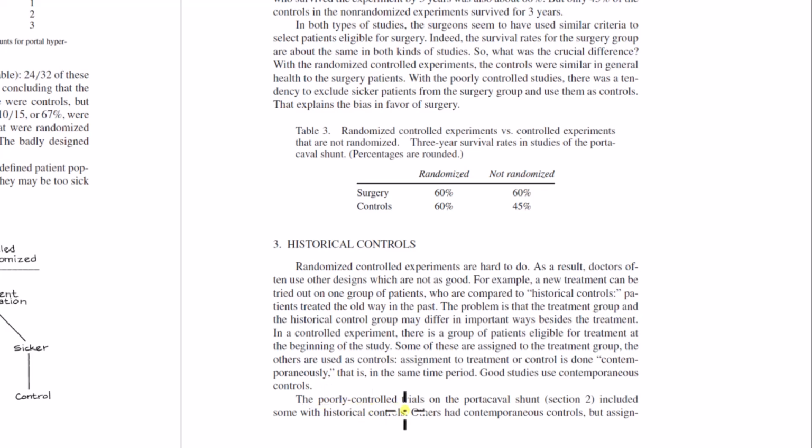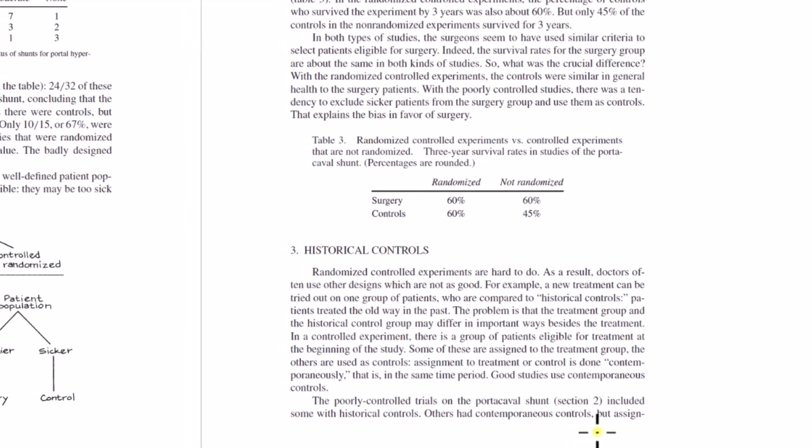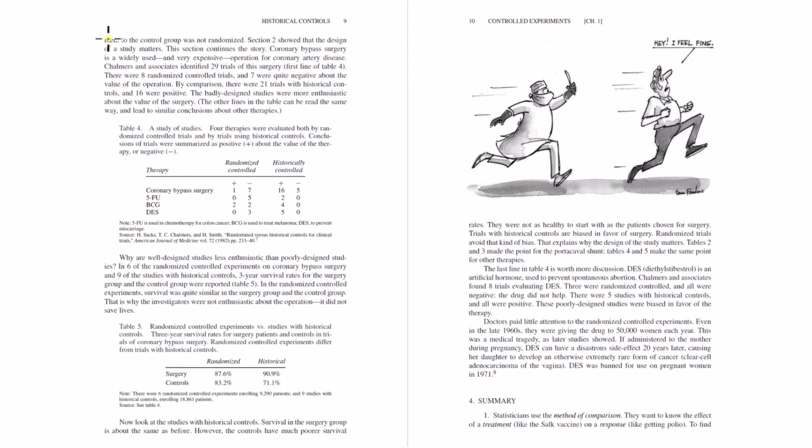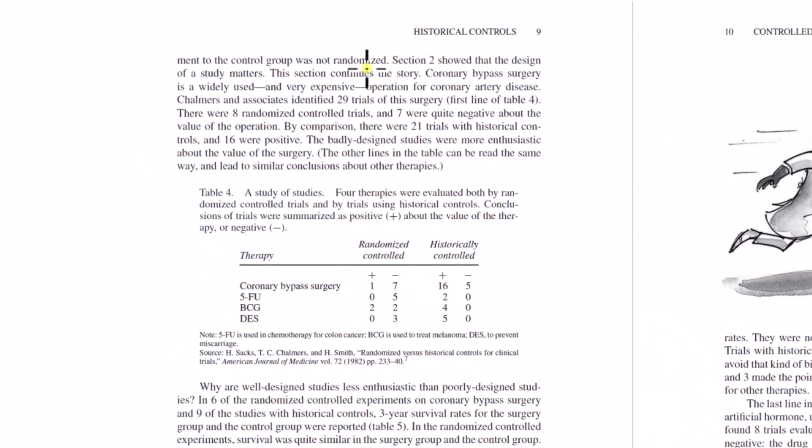The poorly controlled trials on the portacaval shunt included some with historical controls, so that's why those weren't the best studies. They deviated from an official controlled experiment and used improper historical controls that produced erroneous conclusions. Others had contemporaneous controls, but assignment to the control group was not randomized.